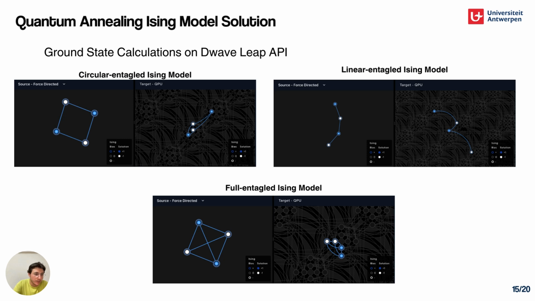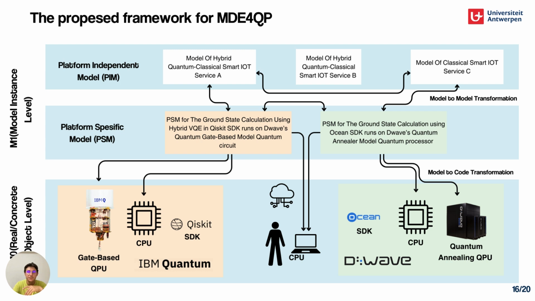Here are the Ising models, like the quantum system, and here are the qubits that represent that system. And also the quantum annealer optimizes the relationship and finds the ground state energies correctly as well.